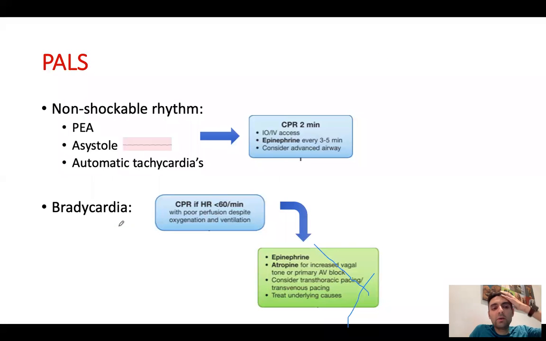Okay, just really quick, we had mentioned this before. There are a couple of rhythms that are non-shockable, meaning not each and every arrhythmia you just try to shock the patient. There are contraindications to shocking.